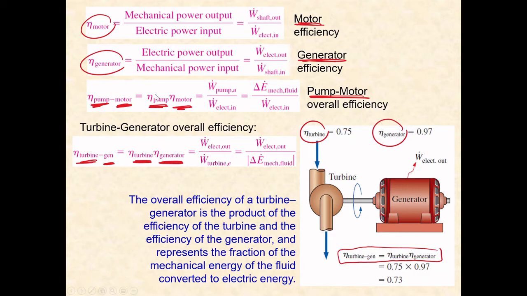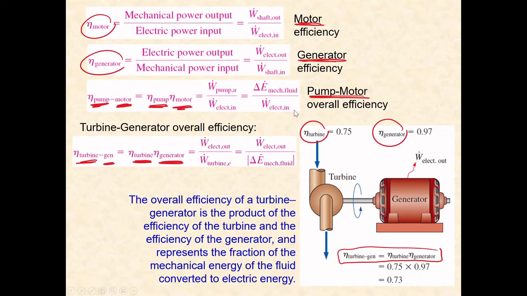All right, so we have another loss. So we have two losses here: the loss resulting from the motor, and the loss resulting from the efficiency of the pump or the fan, right? So if you multiply these two efficiencies, then you get the overall efficiency.